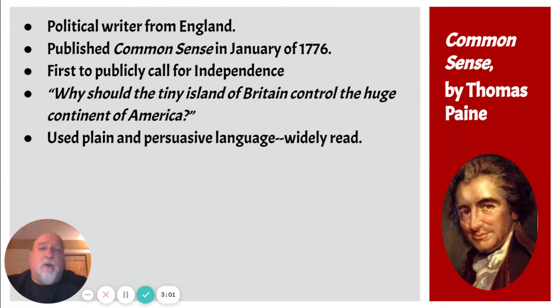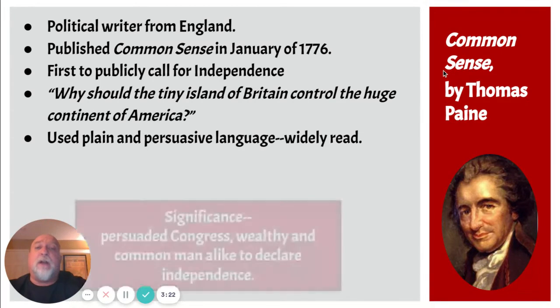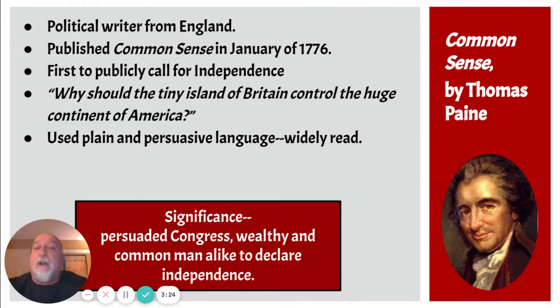His basic argument was, what right does he have? What makes him different or more special than the rest of us? And he really calls that into question. The title, Common Sense, applies to both of those questions. It's just not common sense, he argued. And so this really began to push and persuade Americans to start thinking about and declaring independence.